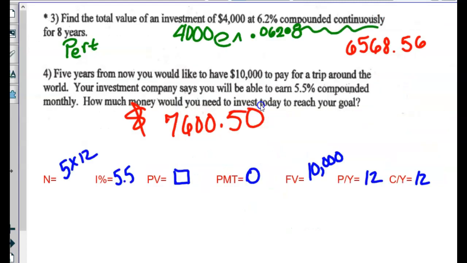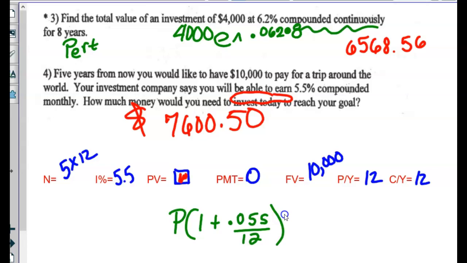All right, moving on. It looks like we did our trip around the world question. We were looking for an invest today amount, so we were looking for a present value if we wanted $10,000. We could have done this question by just saying it's going to compound monthly, and we're going to leave the money in there monthly for 5 years, and we want $10,000.